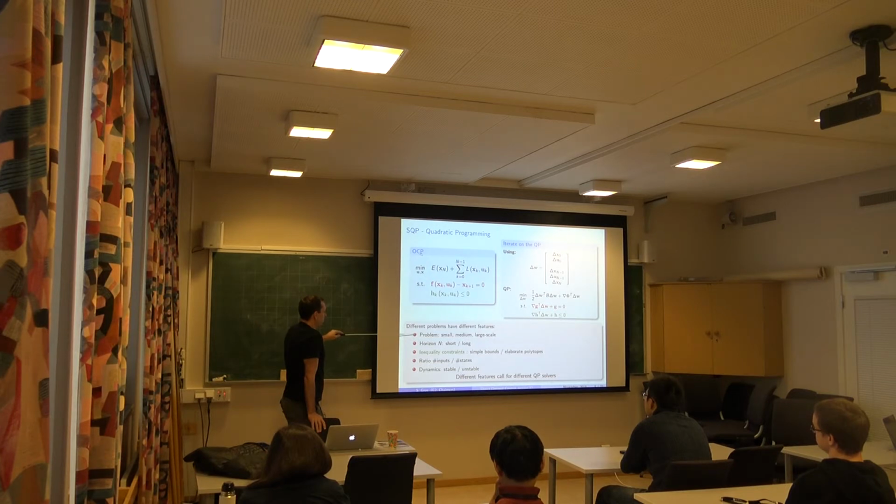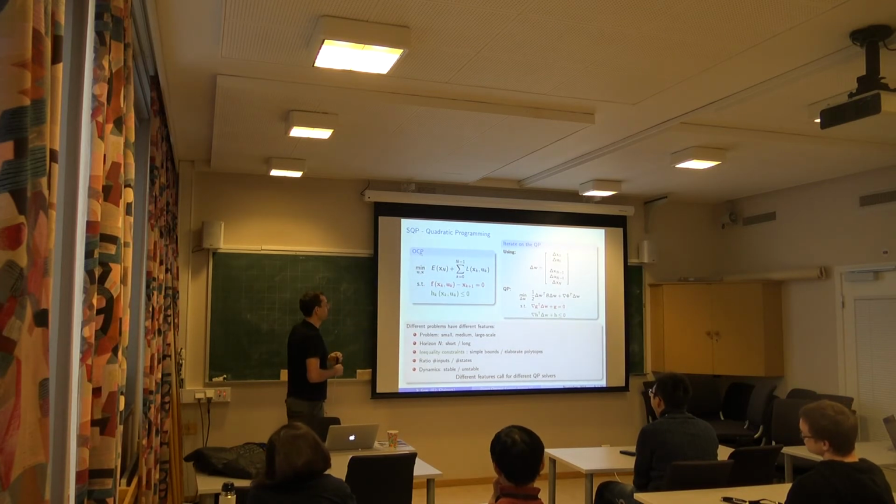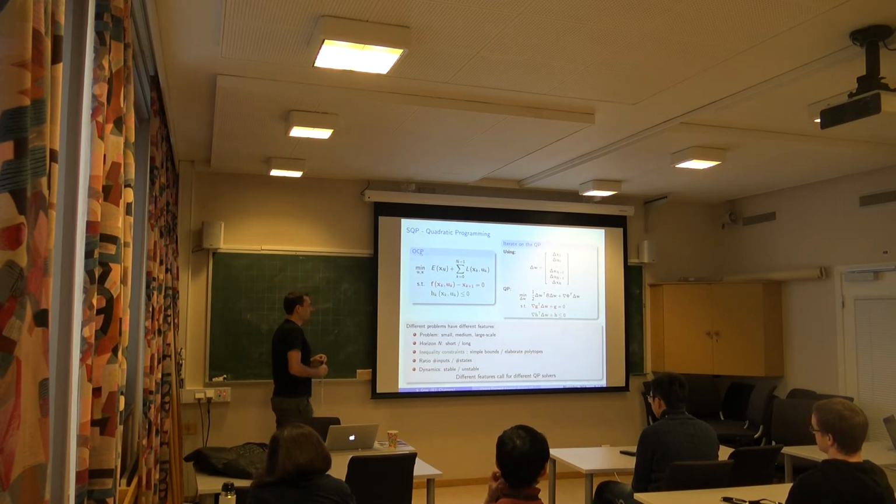So a bunch of points. The problem may be small, medium, or large scale. By that I mean the number of states, the number of inputs, the horizon length, and so on and so forth. The horizon that you're trying to use, so this N, how far ahead in the future you're looking when you solve your problem, matters actually.